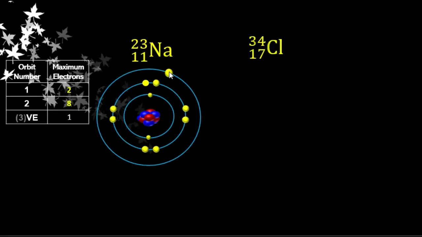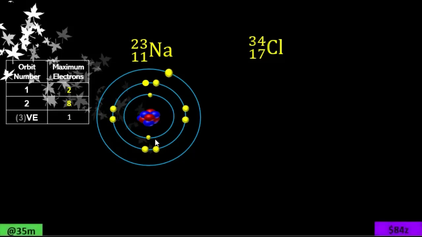The valency of an element is the number of electrons that is transferred to the non-metal. In this case, for sodium, the valence electron and the valency have the same answer, which is 1.